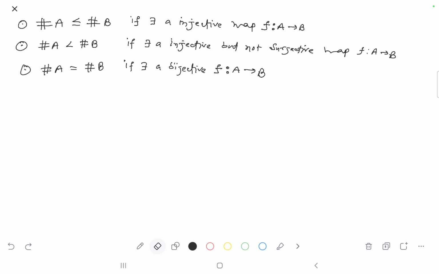So the bijective map we will use to check that the cardinality of two sets is the same. I mean the elements of A have a one-to-one correspondence with the elements of B. Then the cardinality is the same. That's the idea you need to solve the homework.